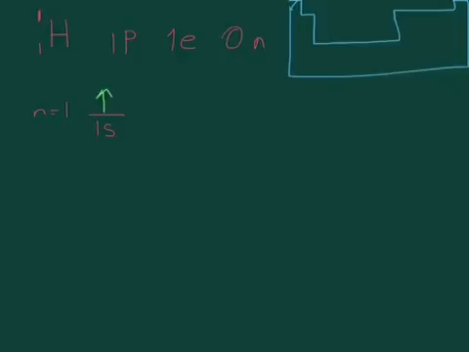Here's the orbital diagram of hydrogen. The electron configuration shows the orbital diagram in a more simple way. It shows the energy level, it shows the sublevel, s, and it shows the single electron in hydrogen as 1s1. We call this way of showing the electron, the energy level, and the sublevel an electron configuration.